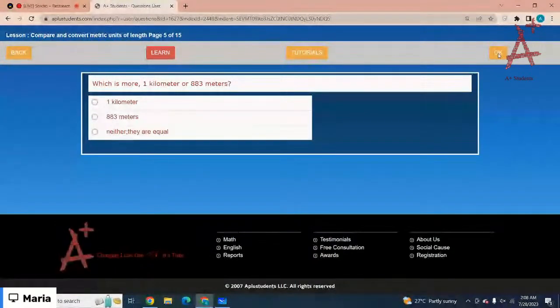Which is more, 1 kilometer or 883 meters? Which is the correct option?